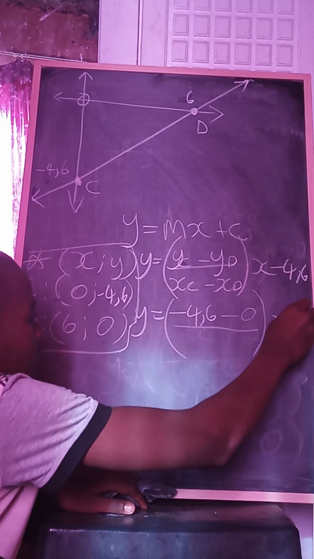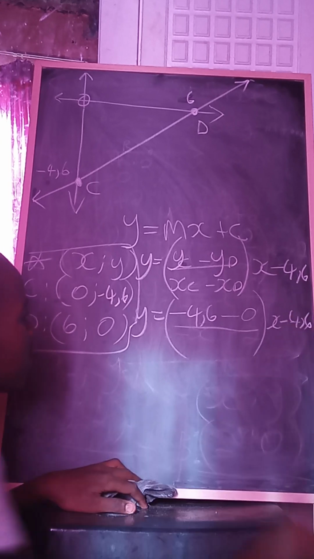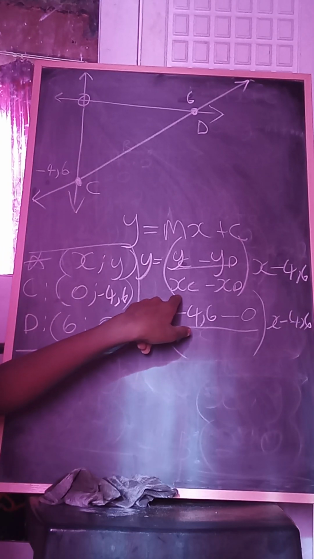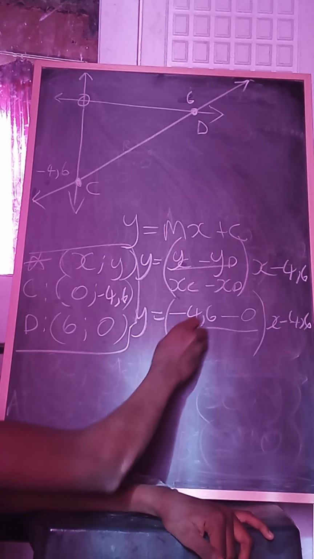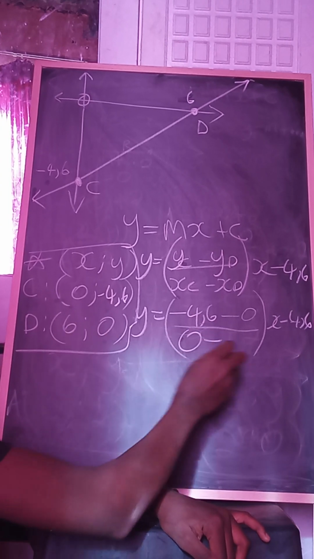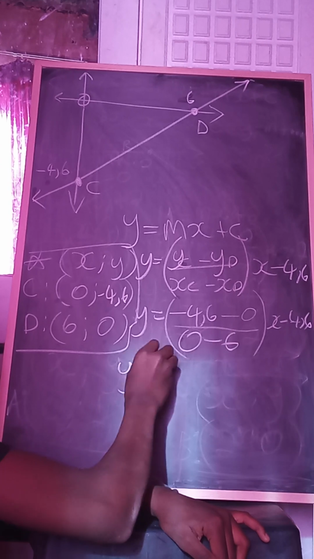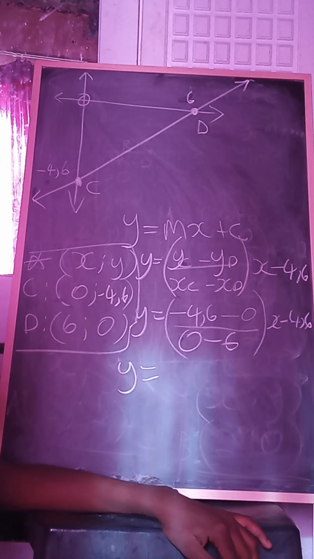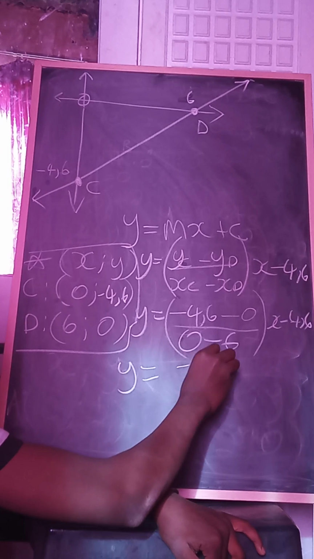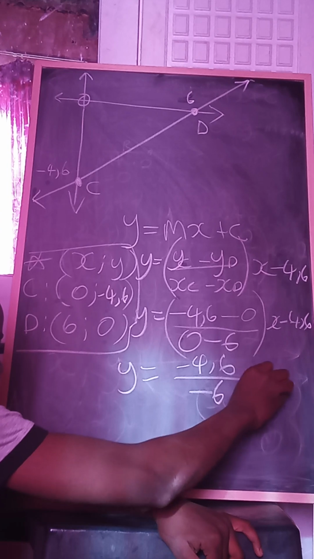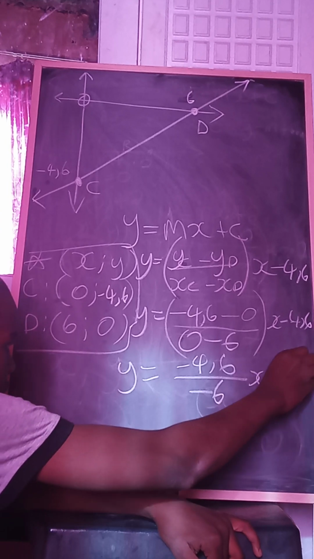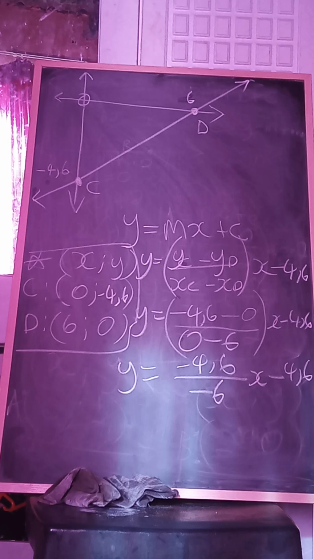The x for C is 0 minus, what is the x for D? Is 6. Then you get negative 4.6 divided by negative 6, x minus 4.6.